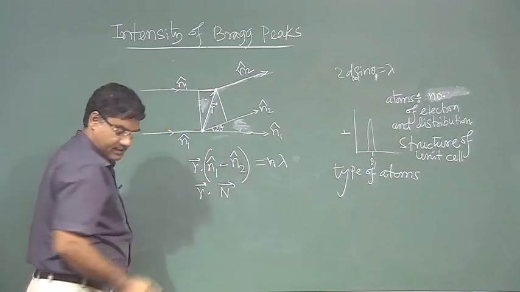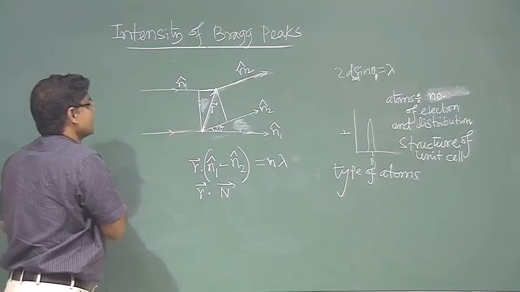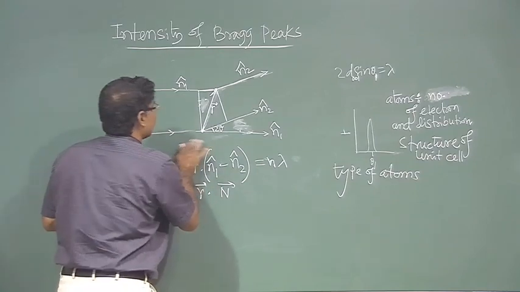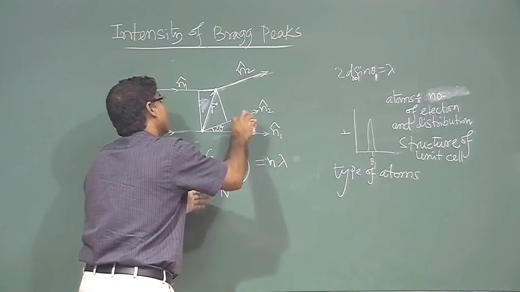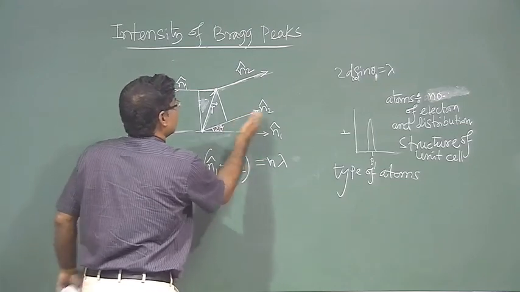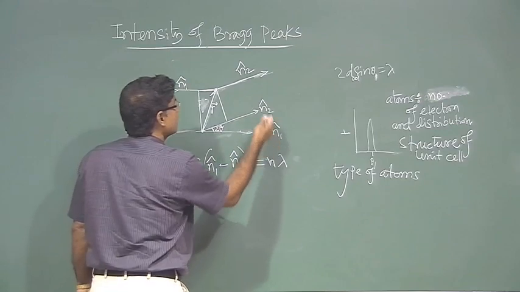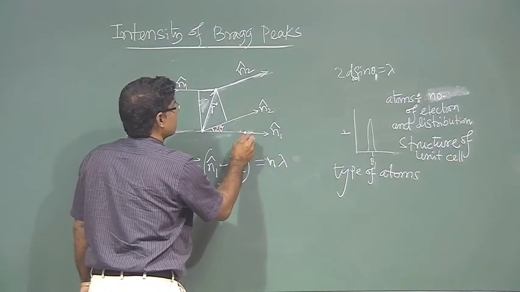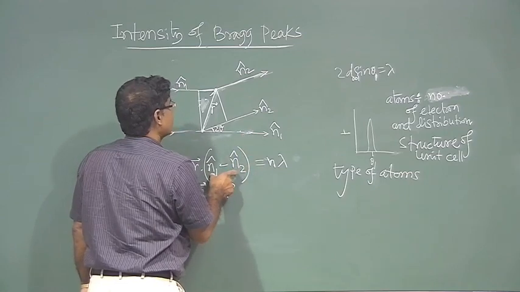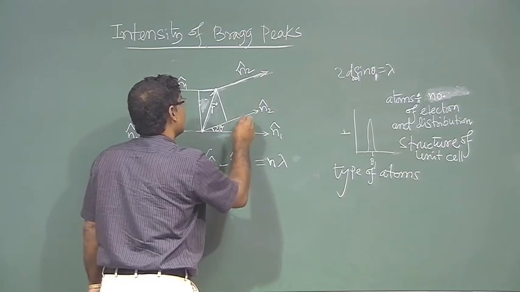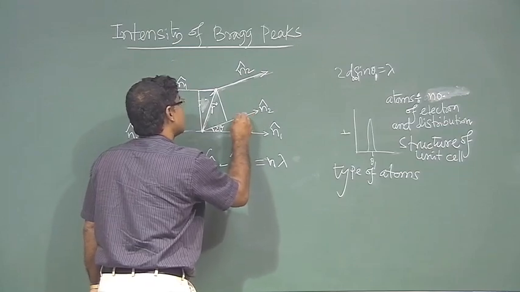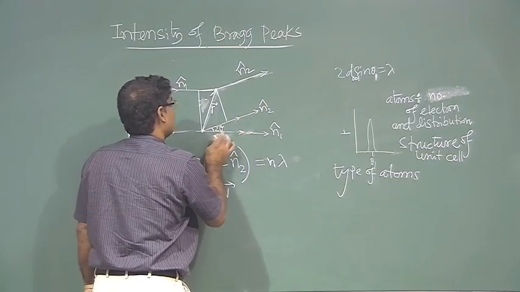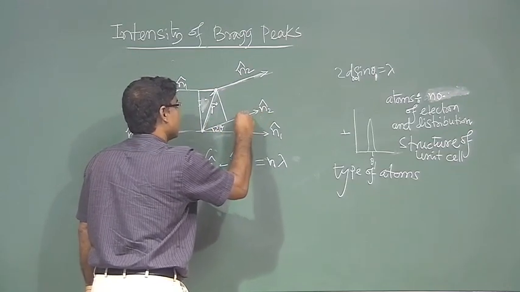Both n1 and n2 are unit vectors, so the magnitude has to be 1, but their directions are different.